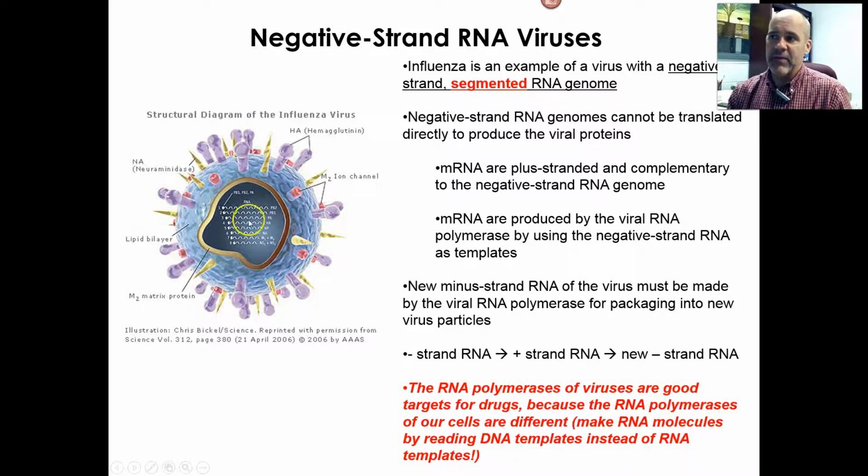Remember, the genes on these RNA genomes encode things like these spike proteins that are poking out from the envelope of the influenza virus. The way that your immune system detects influenza is by identifying these spike proteins.